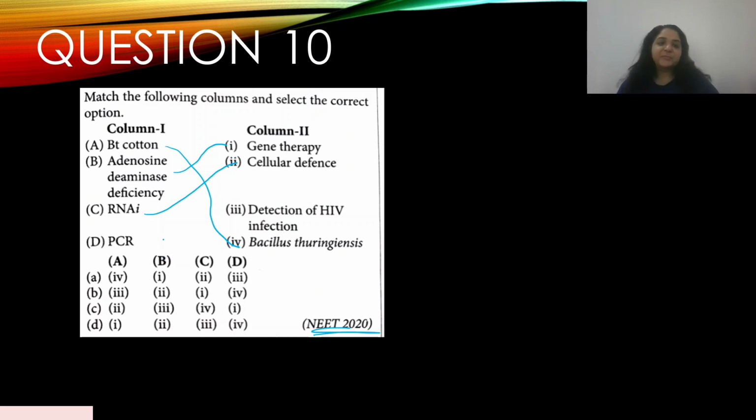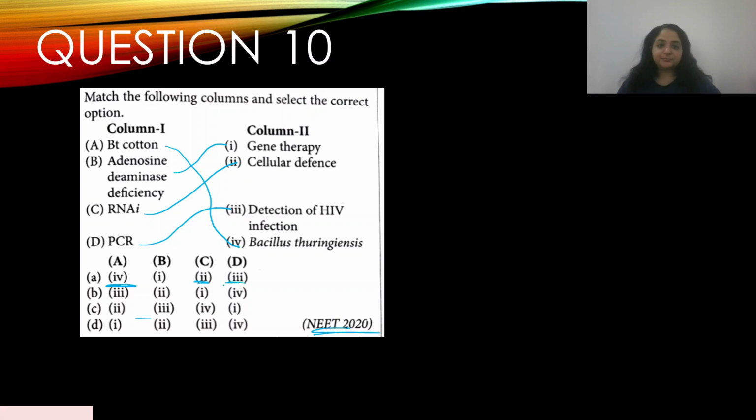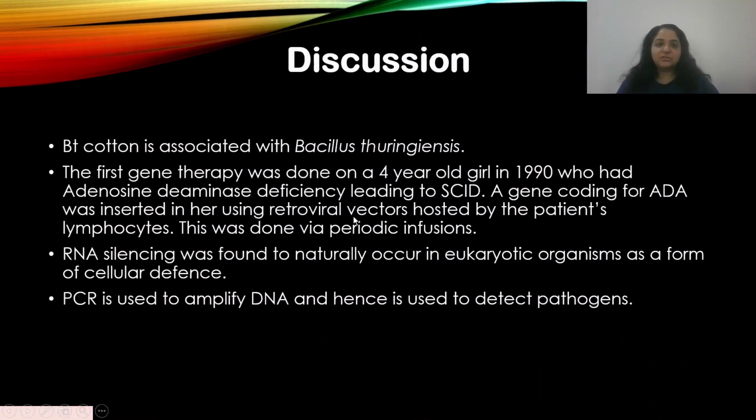PCR is detection of HIV infection. So we have A4, B1, C2, and D3. Okay, so the answer is A. Let's go to the discussion.